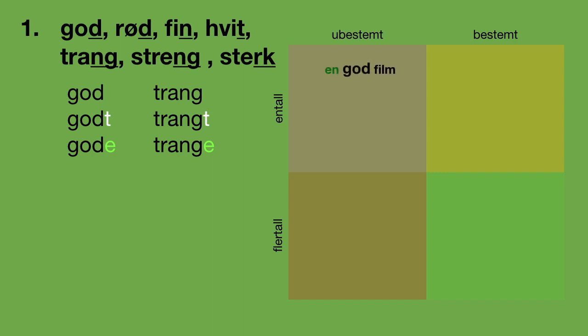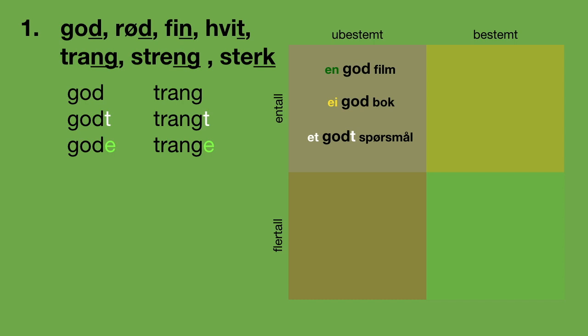Adjective god, en god film. Ei god bok, et godt spørsmål. So you see, god, god, godt in this first part of the table, indefinite singular. So masculine and feminine takes god, neutral takes te, godt, et godt spørsmål.